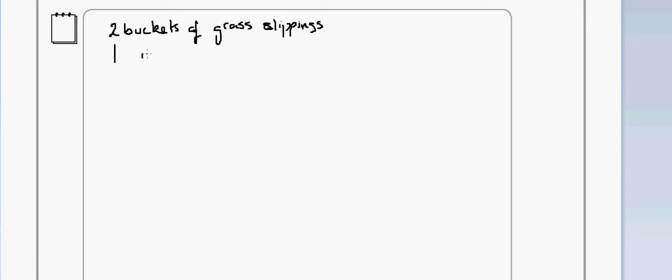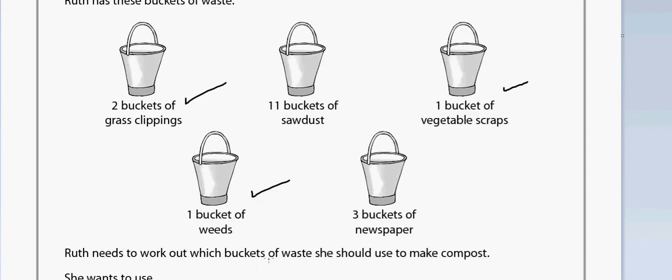She has 1 bucket of vegetable waste. Okay, and I believe that she had 1 bucket of weeds.